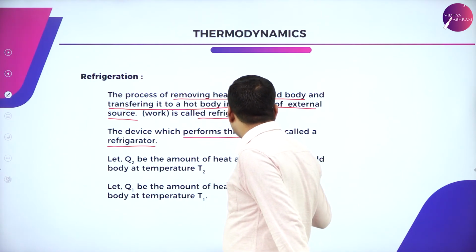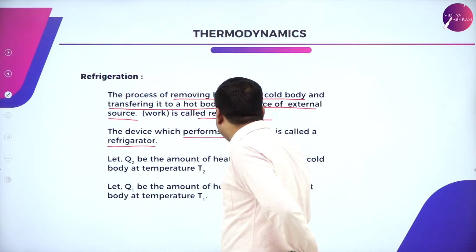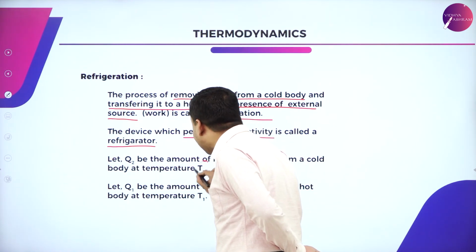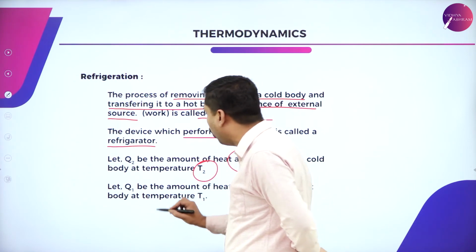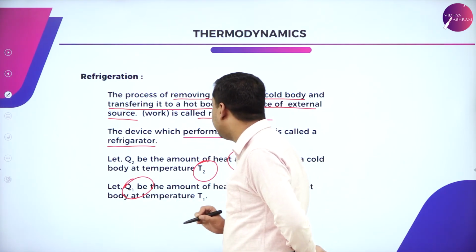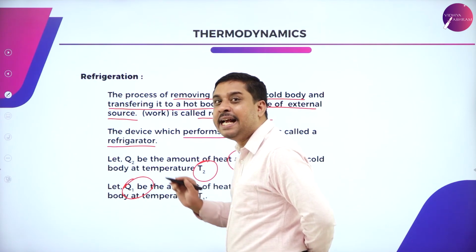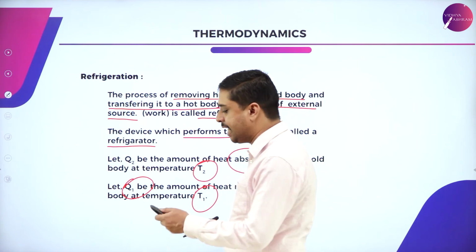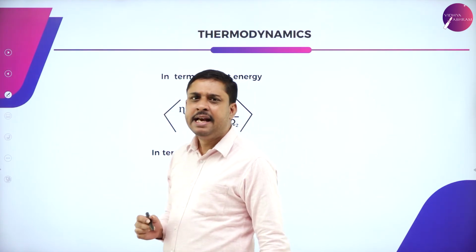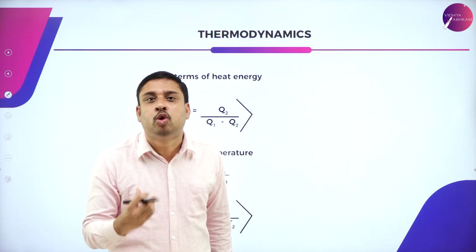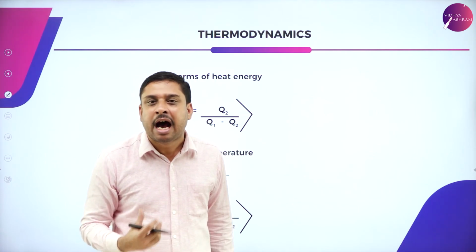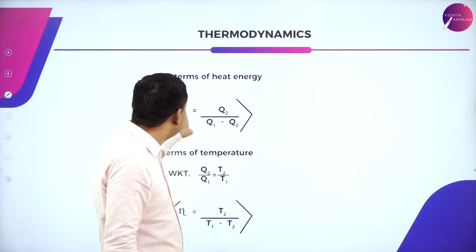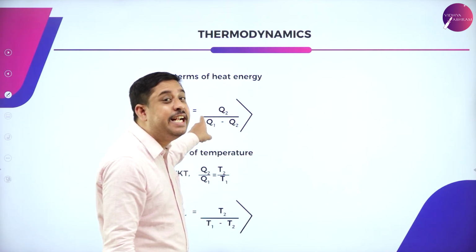Q2 is the amount of heat absorbed from a cold body at temperature T2. Q1 is the amount of heat given to a hot body at temperature T1. Then efficiency, how good a refrigerator works, how efficient a refrigerator is, is given by eta.